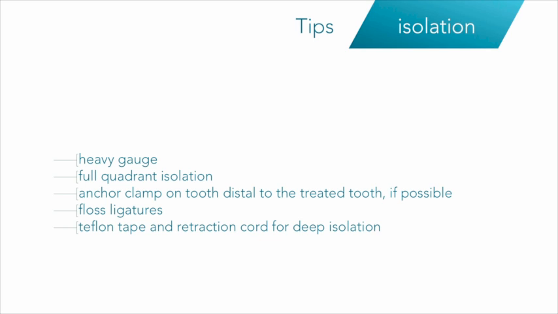Put an anchor clamp, preferably distal on the tooth, or distal on the tooth distal from the one you're treating, even 2 teeth more to the distal. Use some floss ligatures, at least for the tooth you're treating and the one next to it, to create more tissue retraction in the proximal. And sometimes you might need to add some Teflon tape or retraction cord for very, very deep isolations and some more tissue retraction.